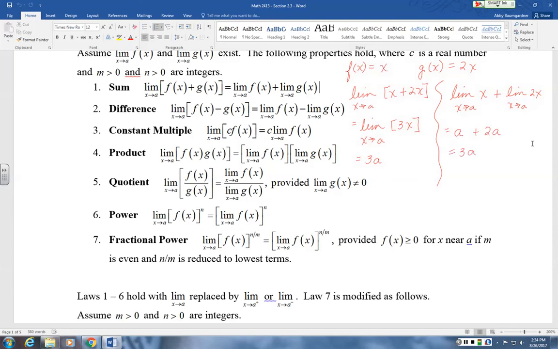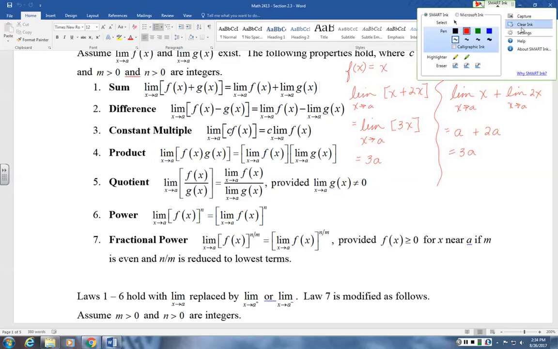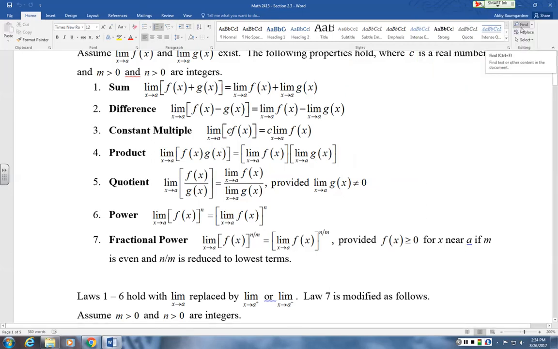So it doesn't matter if you add first and then try to find the limit, or if you find the limit of each and then add, we should get the same answer. And that is true for a difference as well, right? So you could subtract first, then find the limit, or find the limit of each and subtract.